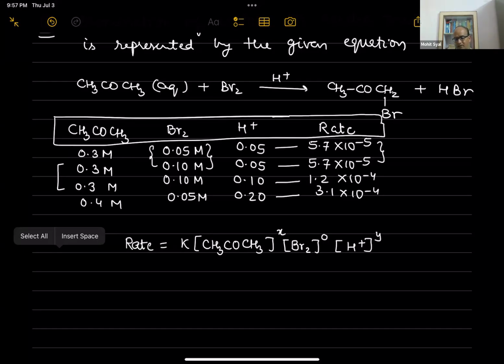Order with respect to H plus. Ibrahim, Yovita, what should be the y? Any idea about y?